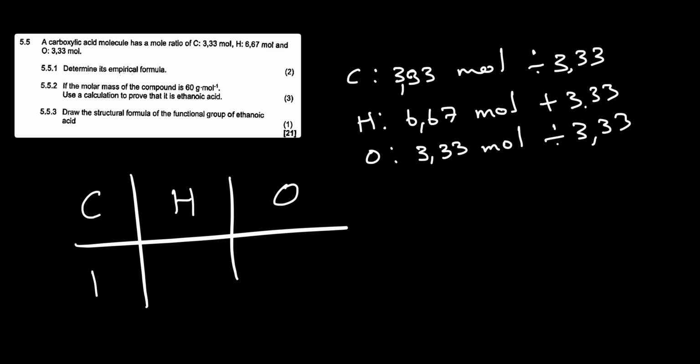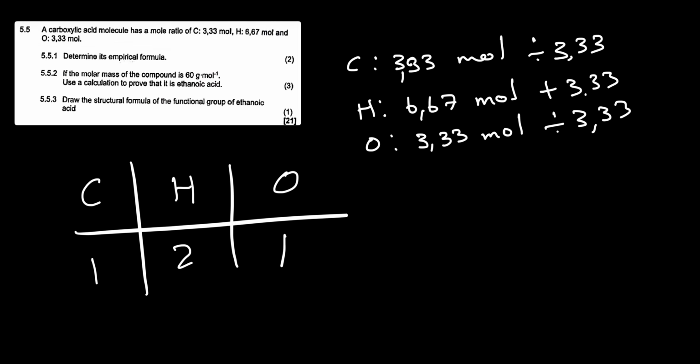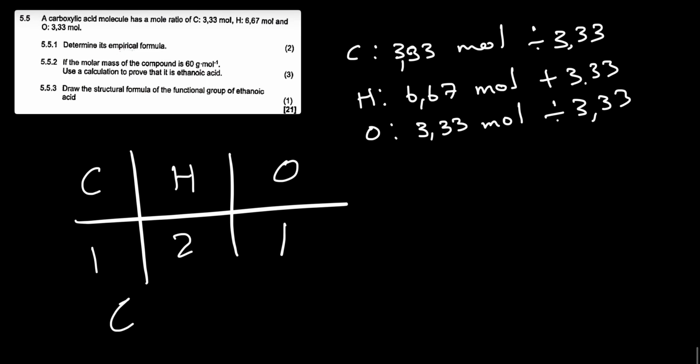But what should be the ratio of hydrogen? 6.67 divided by 3.3 gives us 2.003, that's 2. And the last one should be 1, since 3.3 divided by 3.3 gives us 1. So that should be the empirical formula, which we write as 1 carbon, 2 hydrogens, and 1 oxygen: CH2O. So that should be our empirical formula.